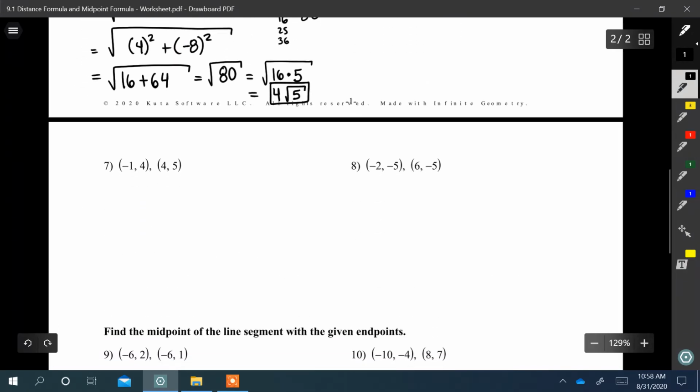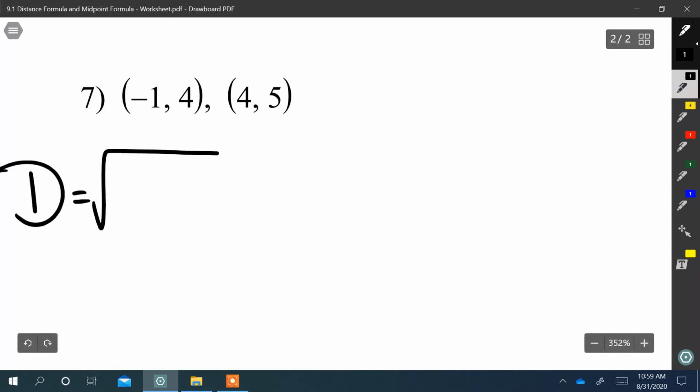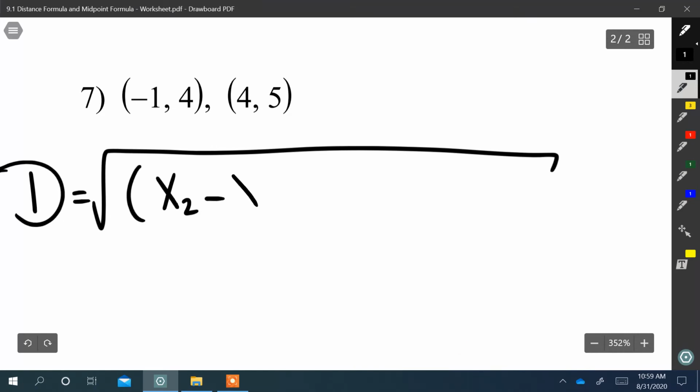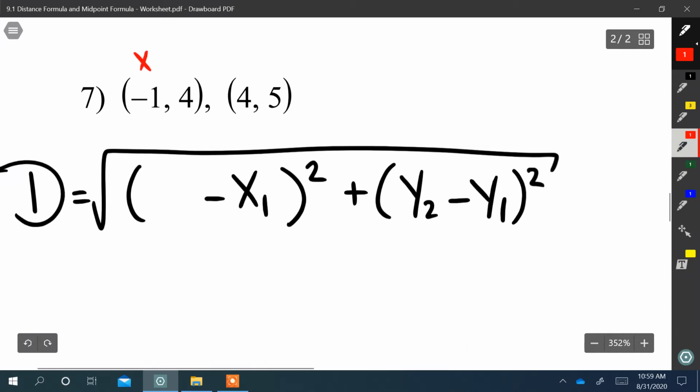Let's go ahead and do number 7. Same idea, distance formula. My distance formula is the following. We got x2 minus x1 squared plus y2 minus y1 squared. All right, so I'm going to use my special tool here. I'm going to erase the x2 right there. Well, first of all, let's name them.